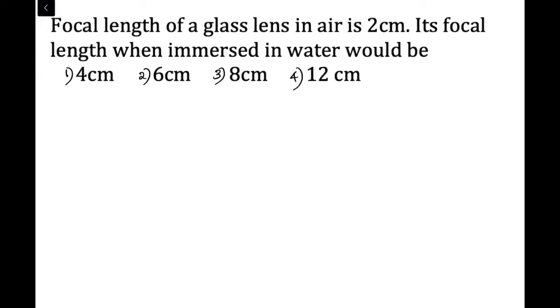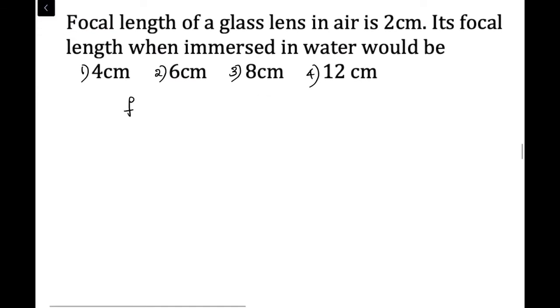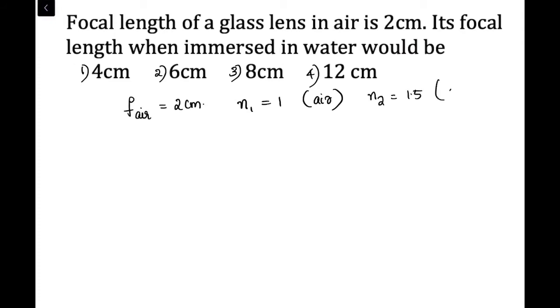So what all things are given? The focal length of the lens in air is given as 2 centimeter. We know that the refractive index of air is 1, so let's take the first medium as air. The second medium, glass, has a refractive index of 1.5.